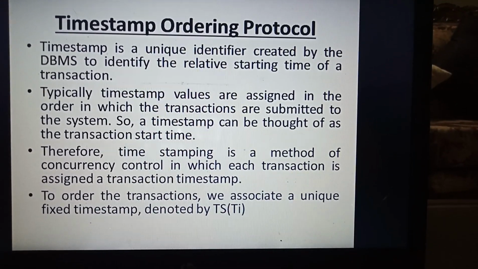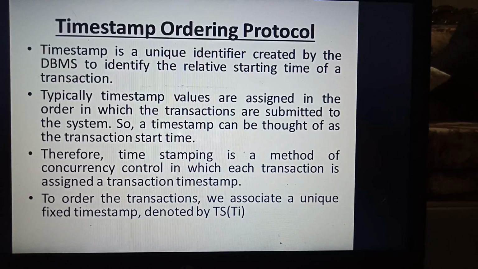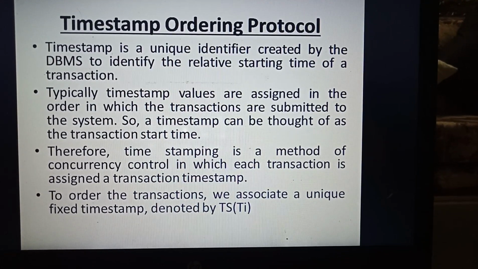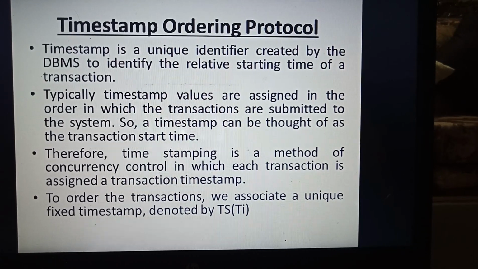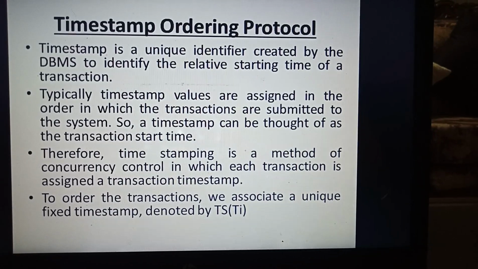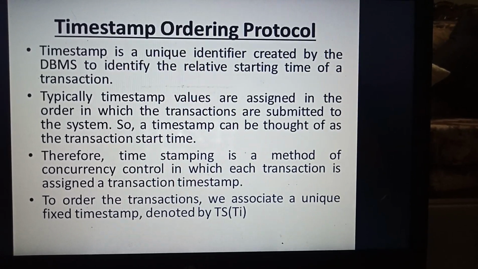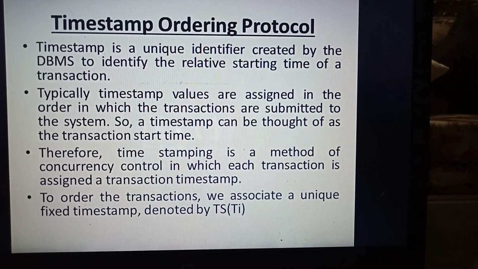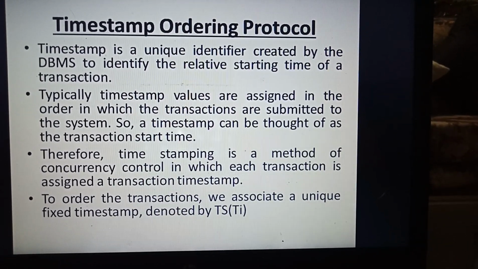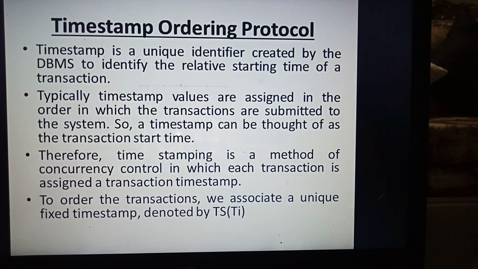Typically, the timestamp values are assigned in the order in which the transactions are submitted to the system. So, a timestamp can be thought of as the transaction start time. Whenever a transaction starts, its timestamp is noted. Therefore, timestamping is a method of concurrency control in which each transaction is assigned a transaction timestamp.